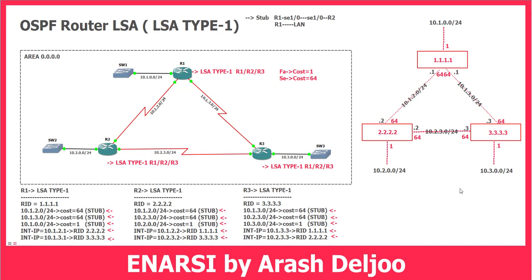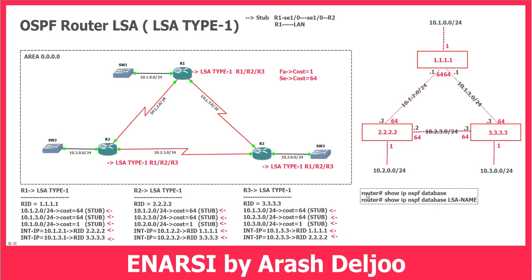Okay, let me implement this scenario, and after that we should see these LSAs inside the LSDB. If you want to verify the LSDB, you can use the show ip ospf database command. But if you want to see only one type of LSA, you should use show ip ospf database, then the LSA name.